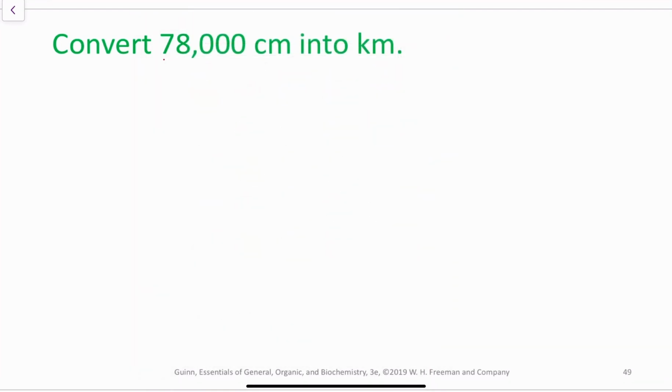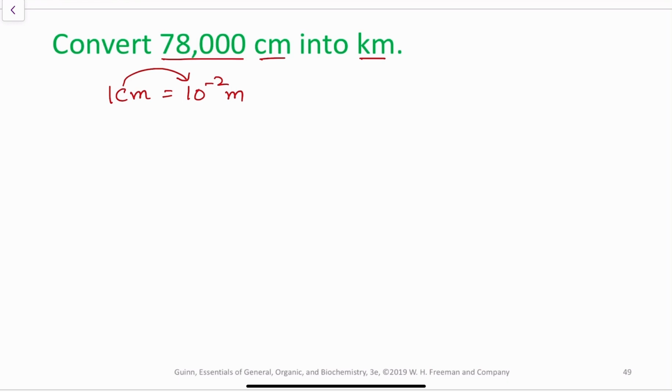So it says convert 78,000 centimeter to kilometer. So first we have to see, is there any relationship between centimeter and kilometer? If I say 1 centimeter, can I say 1 centimeter is 10 to the power negative 2 meter? Because centi is 10 to the power negative 2. This is one of the equivalencies, right?